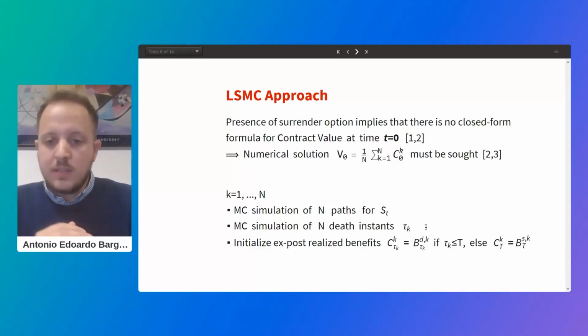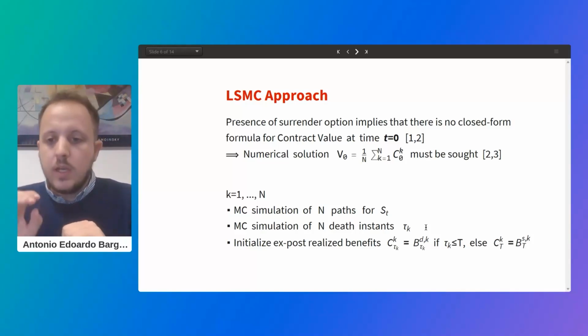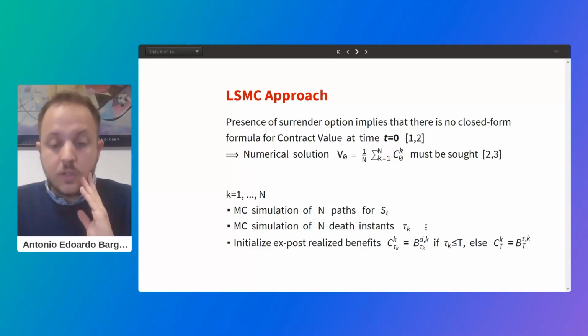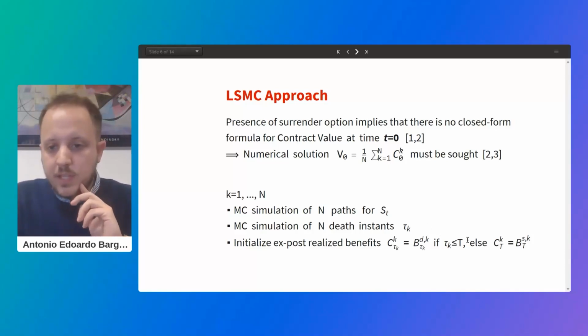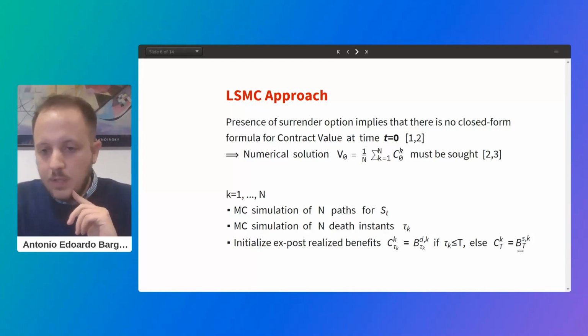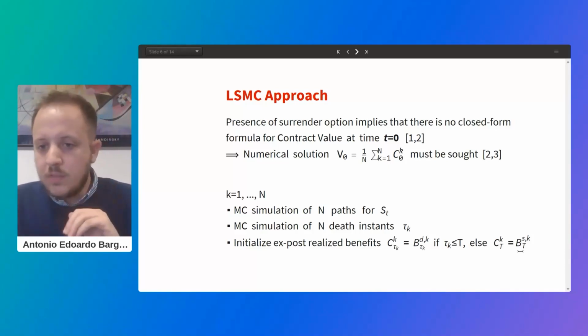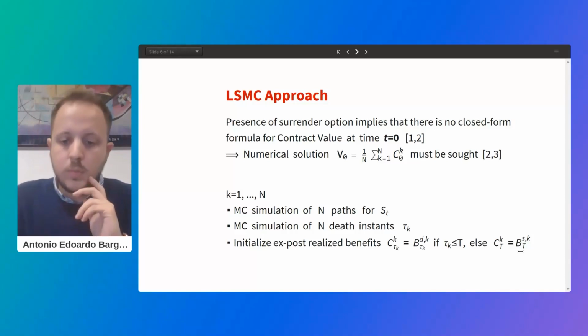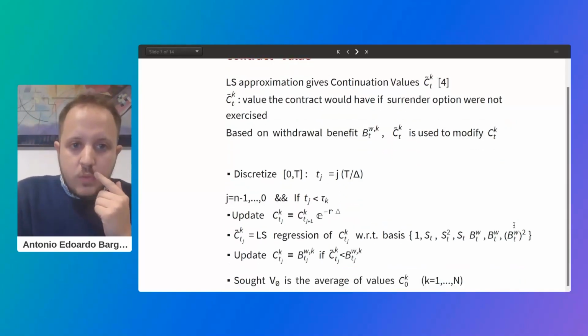Otherwise, it means that for that specific path, the policyholder is alive, and so the initialized benefit is equal to the benefit in case of survival, and it will be set at time big T, because it is the time at which the benefit in case of survival is paid to the policyholder. Then what you have to do is to introduce the least squares regression.